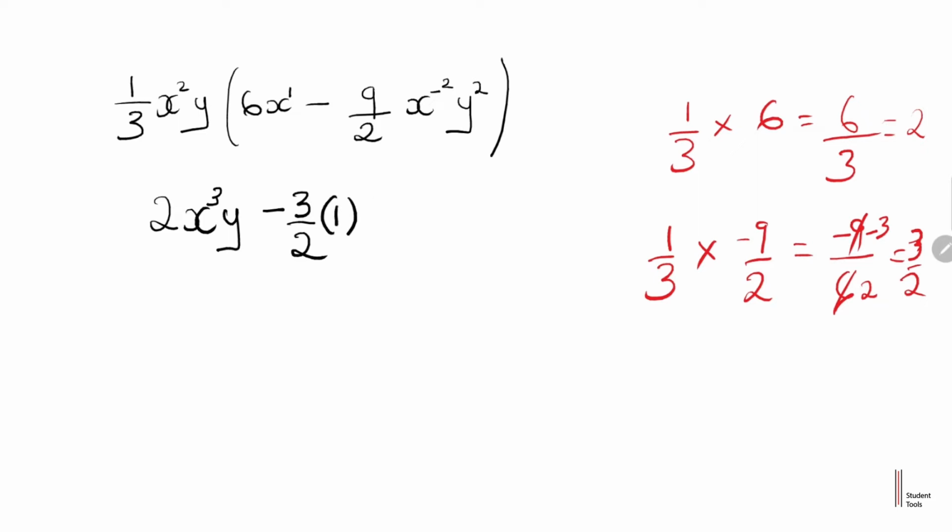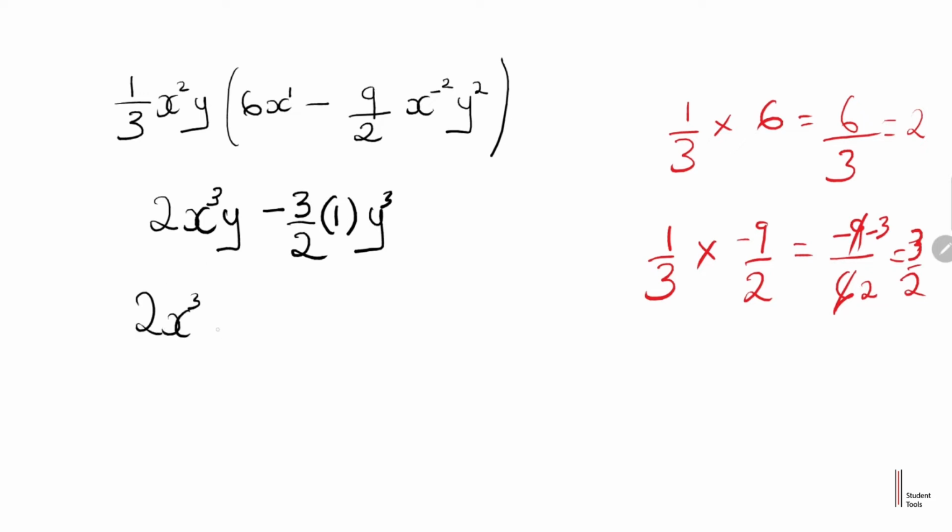Then 3 over 2 multiplied by 1. And then we have y multiplied by y squared. So y to the power 1 multiplied with y squared, we add the indices, so this will be y to the power 1 plus 2, that's 3.